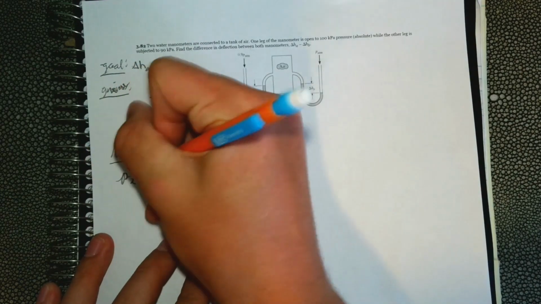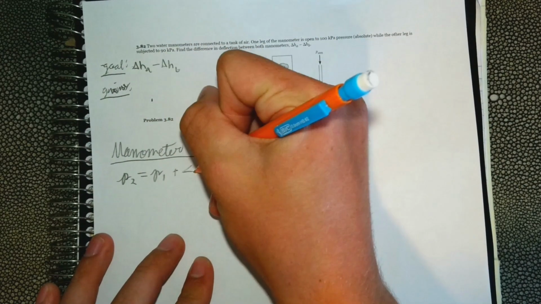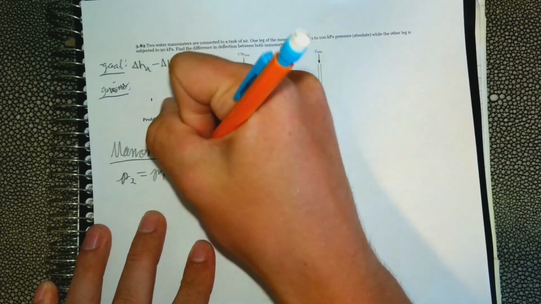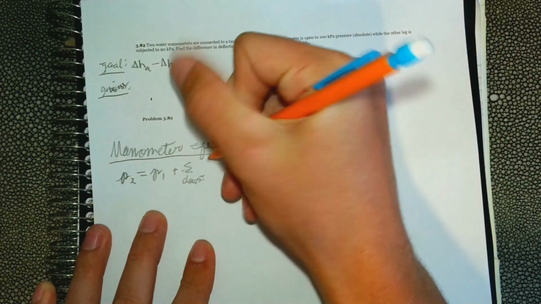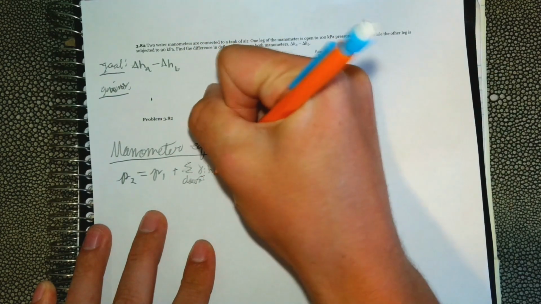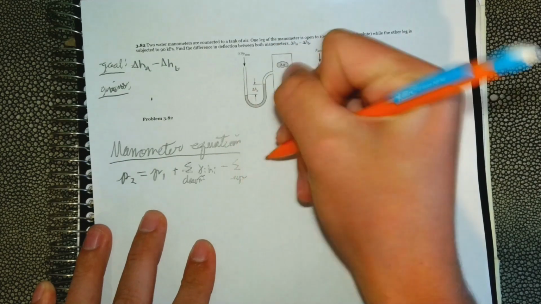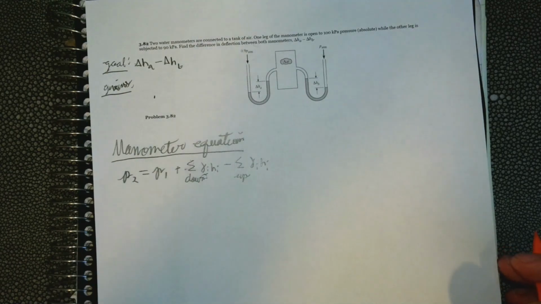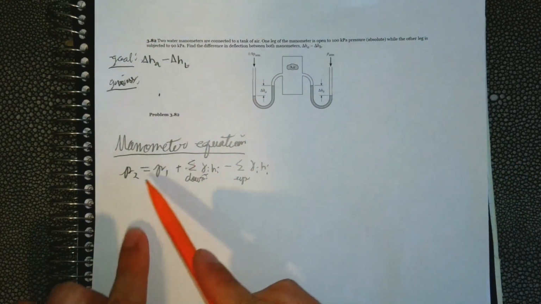It says pressure 2 equals pressure 1 plus the summation of everything going down. I'll show you guys how to use this manometer equation.